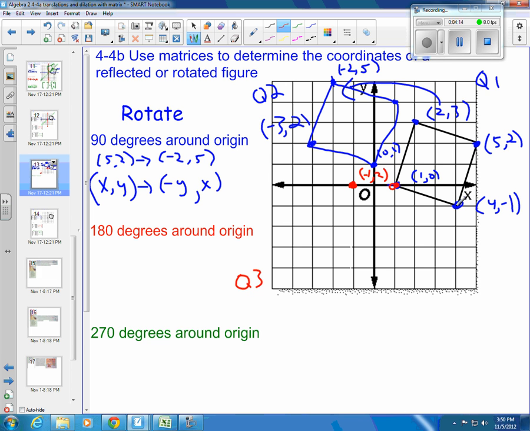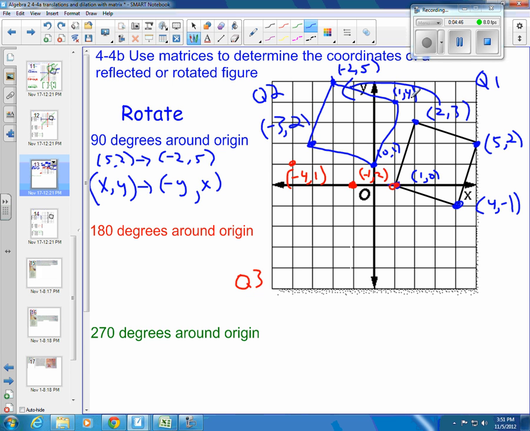This point went from 4, negative 1 to 1, 4, and now it's going to be down here at negative 4, positive 1. So you can see that I've just gone, I never wrote that one in. This is going to be 1, 4.